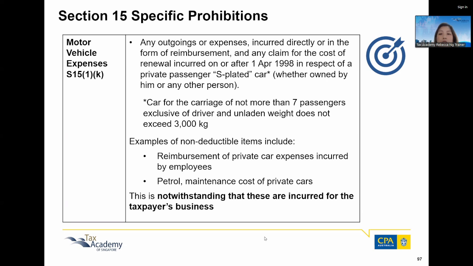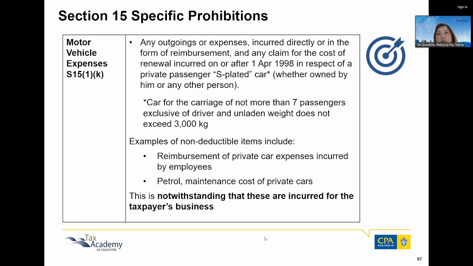So generally, if it's relating to an S-plated car, it is not deductible, notwithstanding that they are incurred for the company's business. So for example, if an employee drives his own car to help the company do some delivery, and his own car is an S-plated car, the employee will claim petrol and parking from the company.